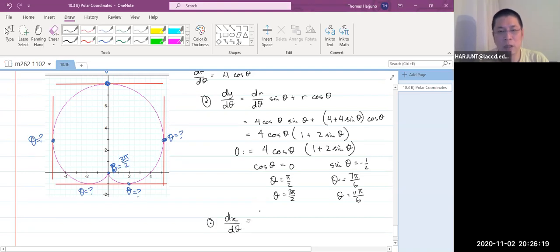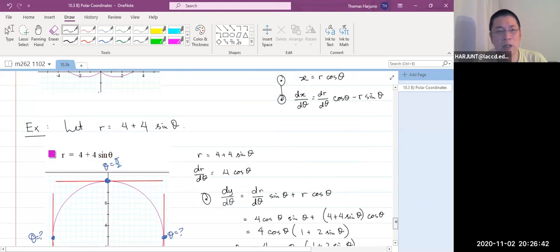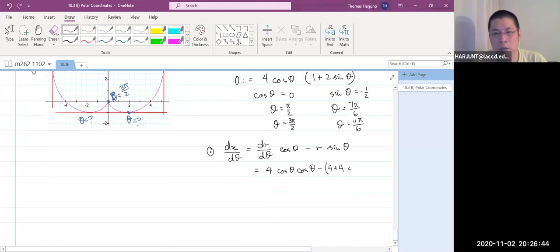dx d theta is dr d theta cosine theta minus r sine theta. That is 4 cosine theta times cosine theta minus (4 plus 4 sine theta) times sine theta.